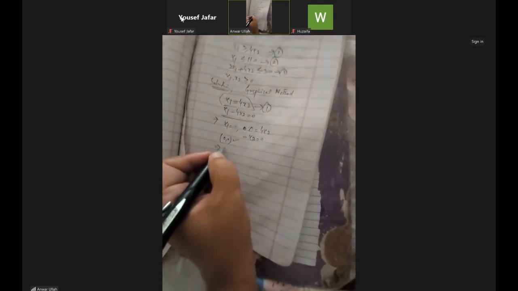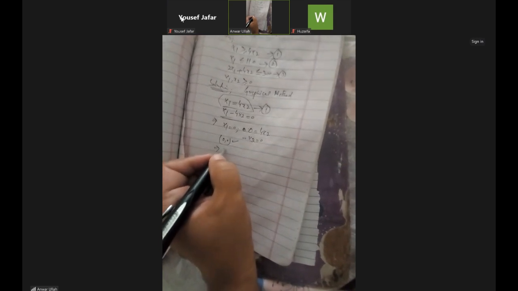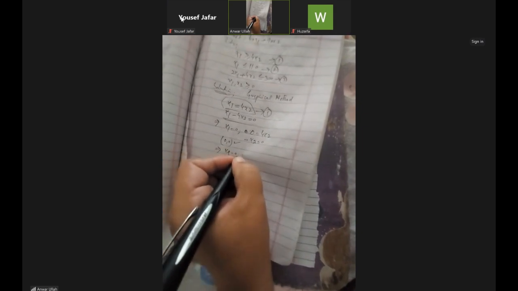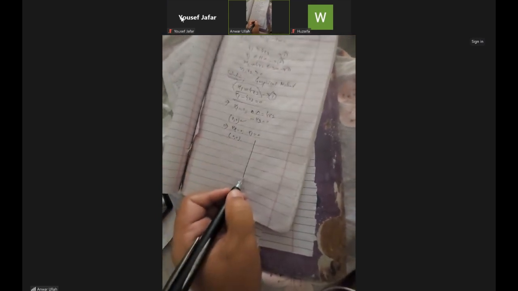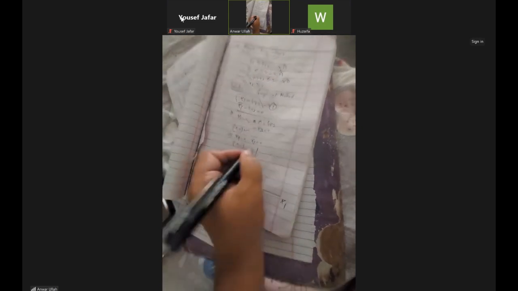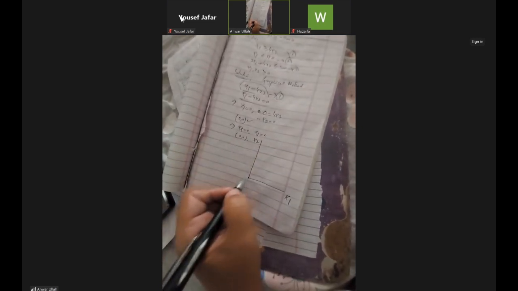Now, the second point. Putting x2 is equal to 0, we get x1 is also equal to 0. So the second point is also 0, 0. So we get a plane, and both of the points are at 0, 0. So we do not need to plot it.